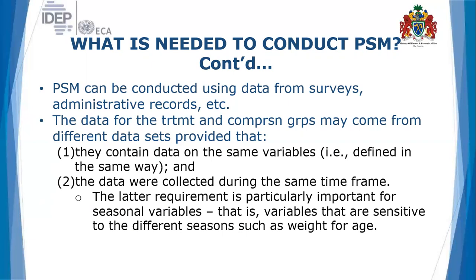This is a very important requirement, especially for seasonal variables, that is, variables that are sensitive to the different seasons, such as weight for age, because they may take different values across the seasons. In other words, they may change across the seasons or over time. So it's very important to take that into consideration.